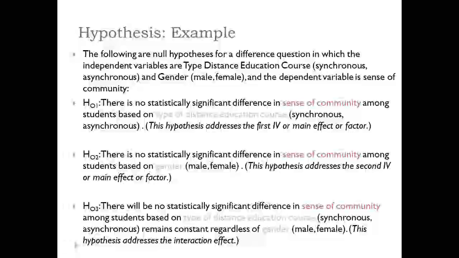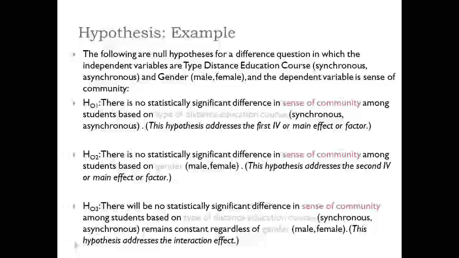Then you would write 3 first order interaction hypotheses. And what I mean by first order is you would write a hypothesis for each combination of those variables. So you would write one for ethnicity and gender. You would write one for gender and type of course, and then you would write one for ethnicity and type of course.